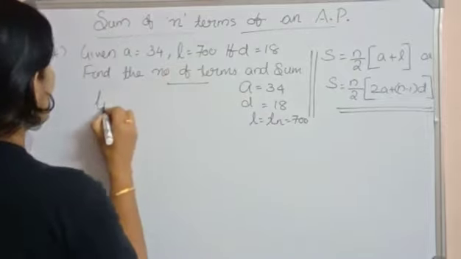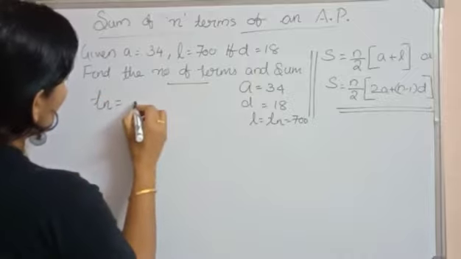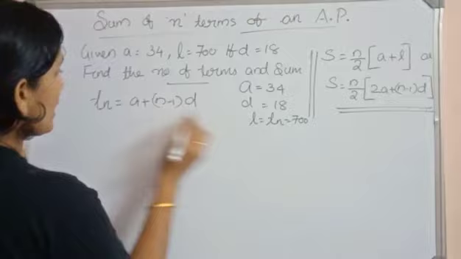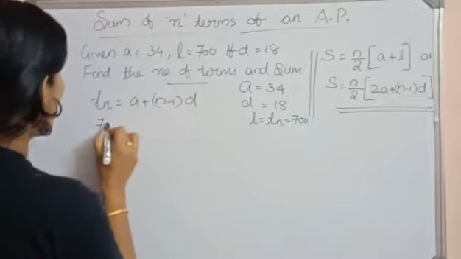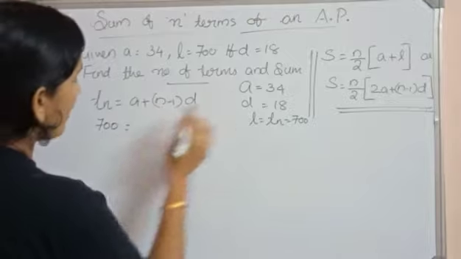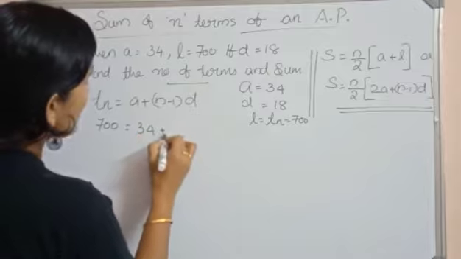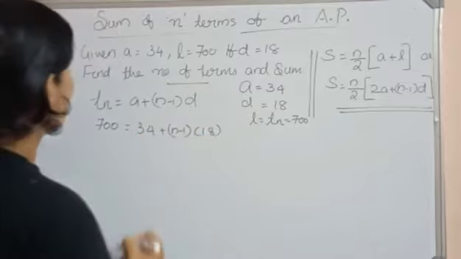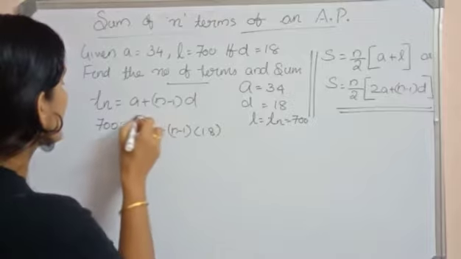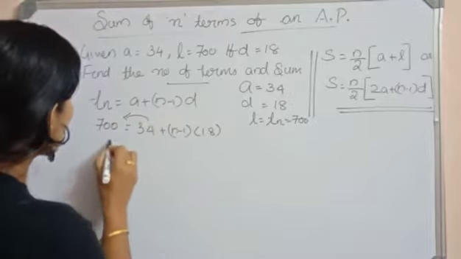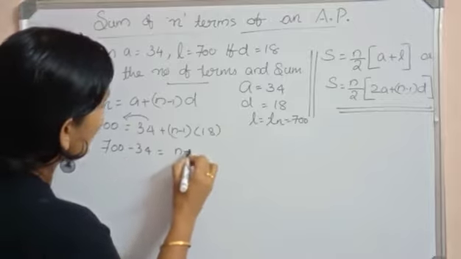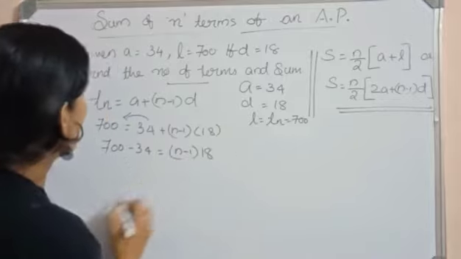Now by using this Tn, let's find the number of terms in this AP. What's the formula for Tn? Tn is equal to a plus (n minus 1) into d, and the Tn value is 700, is equal to 34 plus (n minus 1) into 18. Now bring this 34 to the other side. You will get 700 minus 34 is equal to (n minus 1) into 18.